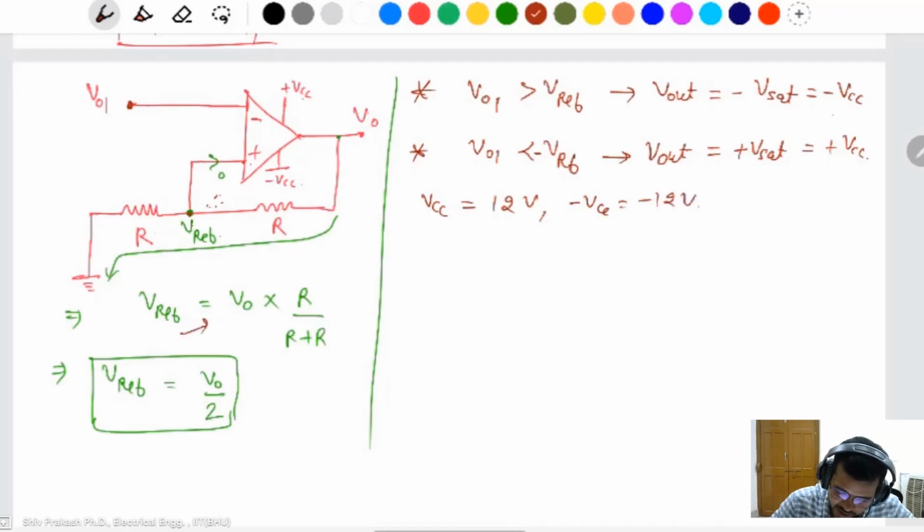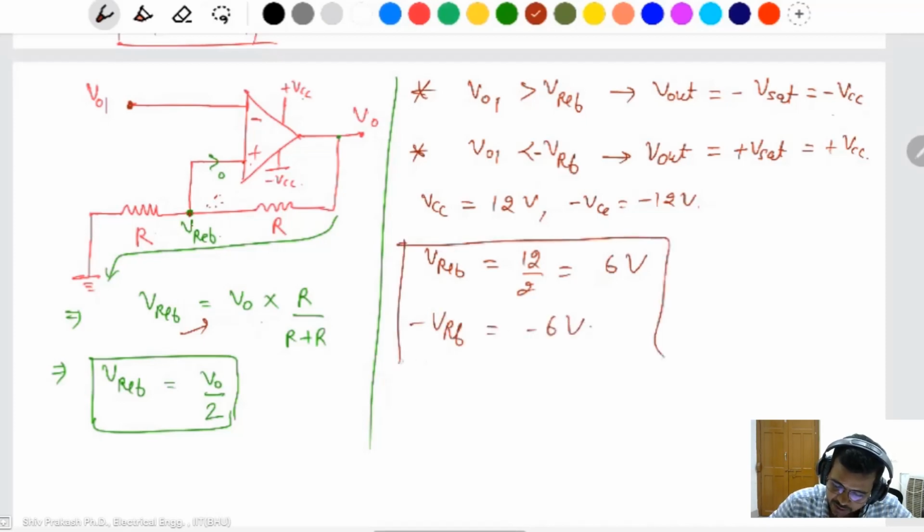Then what is the reference value, V reference? Whether VCC comes out at the output as positive or negative, V reference is 12 divided by 2, which is 6 volt, and minus V reference is minus 6 volt.